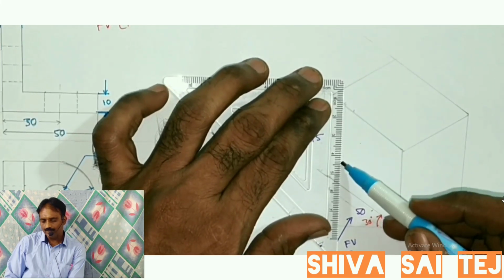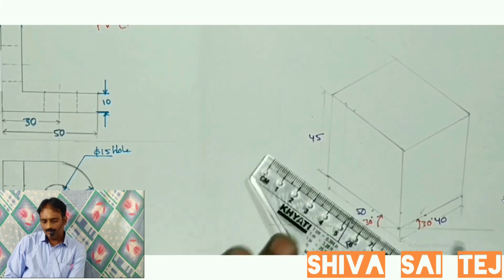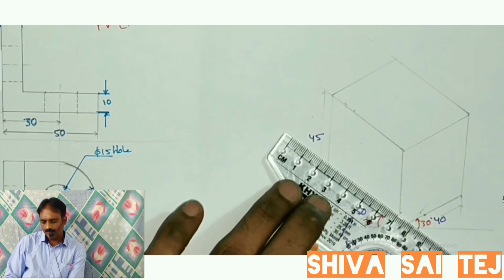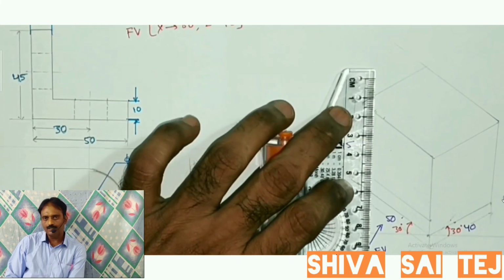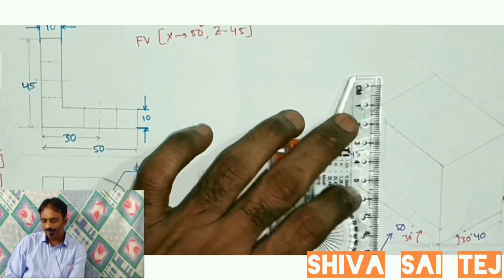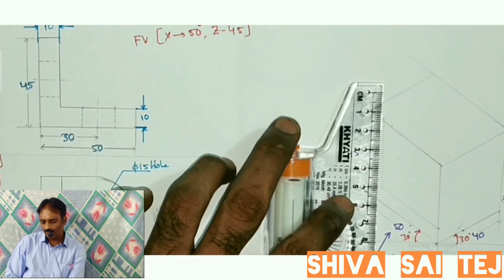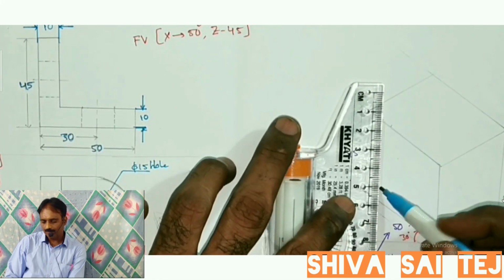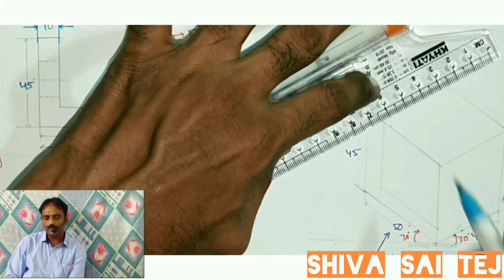And whatever dotted lines are there in the front view are going to indicate the circular holes. The diameter of the circular holes is given as 15 units. And from the top view, it is clear that the radius of the semicircle is 20 units.